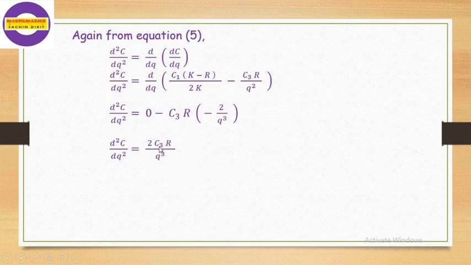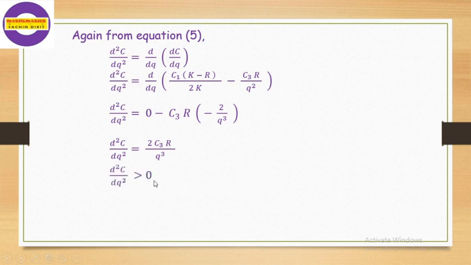Now C3 is setup cost, it cannot be negative. R is demand rate, it is always positive, and q is the quantity, it is also a positive term. So this total term will be positive. That means the second derivative is positive.